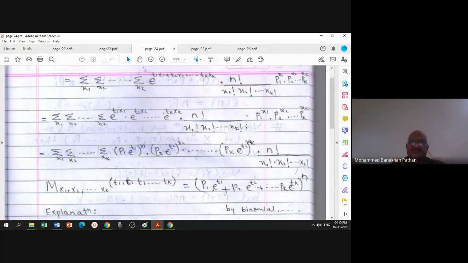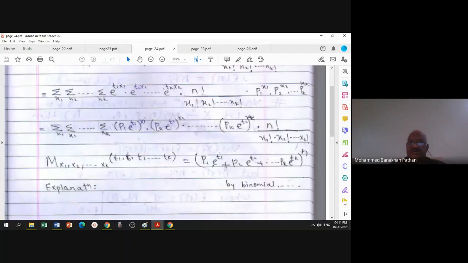So you get the next term, summation as it is: t1 multiplied by this with common power x1, t2 multiplied by this with common power x2, tk multiplied by this with common power xk. The factorial stays as it is.